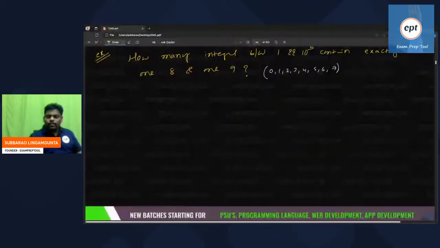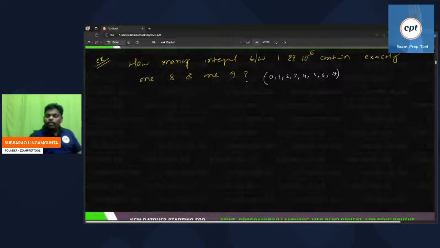How many integers between 1 and 10 power 5 contain exactly one 8 and one 9?